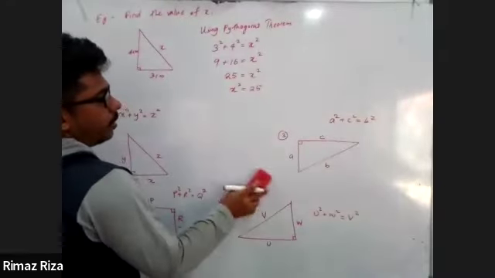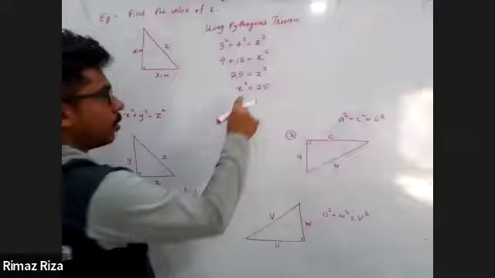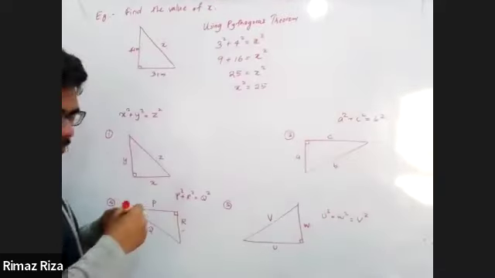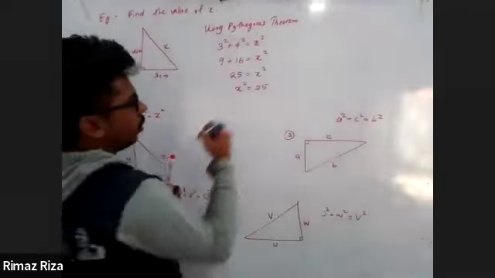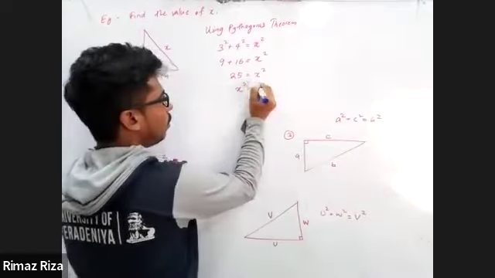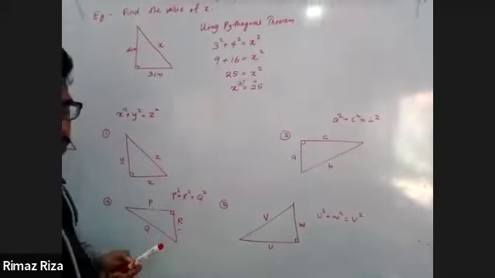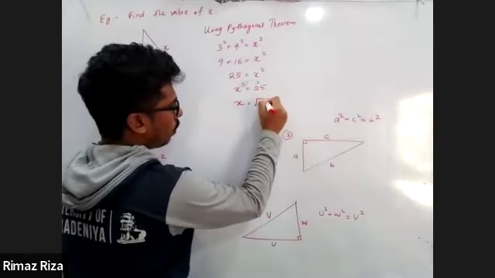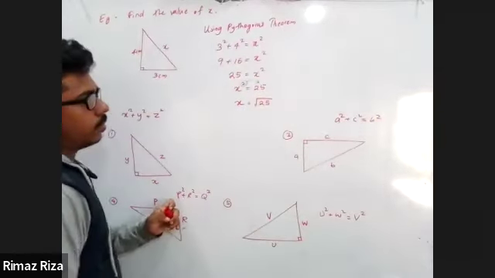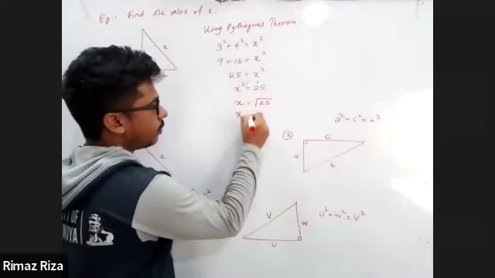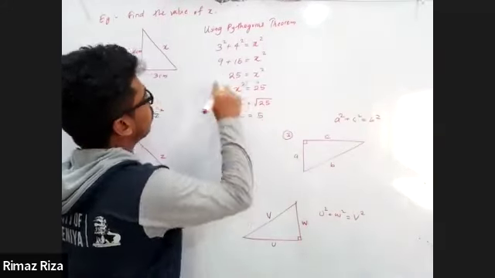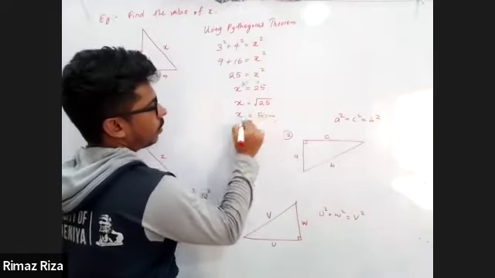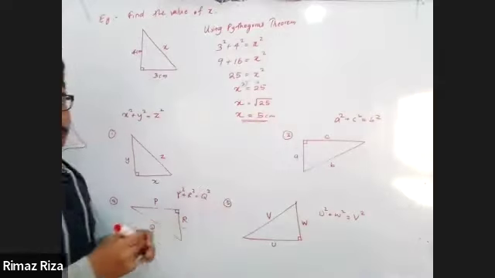Now we want to find x, not x squared. So we want to take the square to the other side. If you take the square to the other side, it becomes square root of 25. So what is the square root of 25? 5 centimeters. Did you understand?